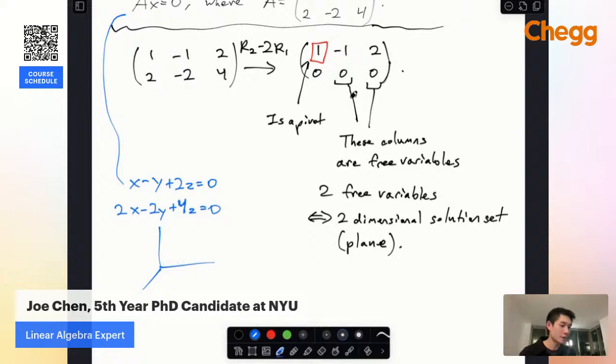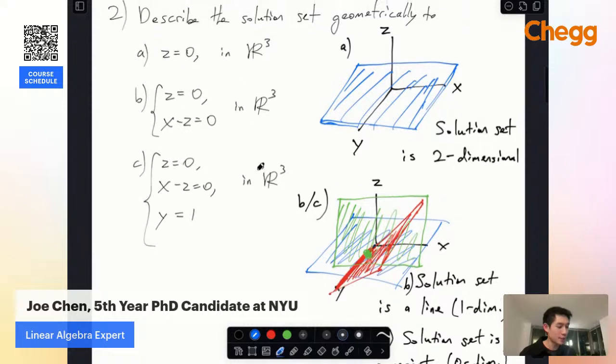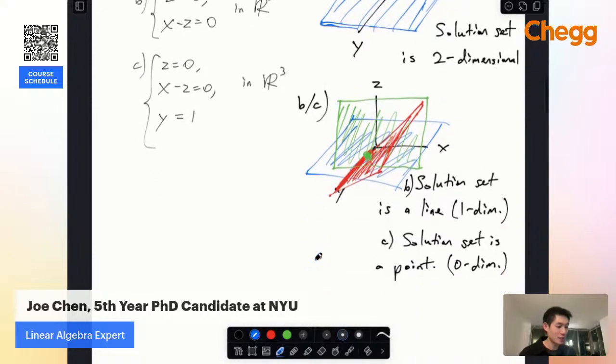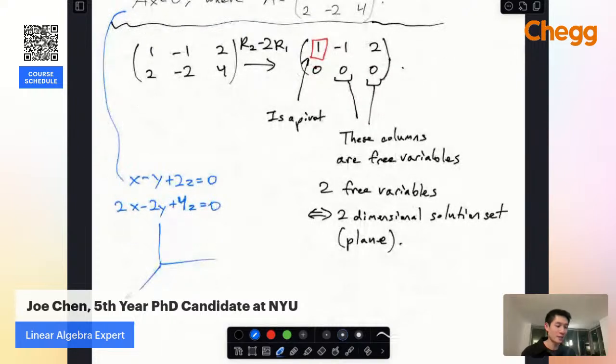Here you have something you can visualize by geometry. The solution set is not what you would expect it to be. You expect it to be a line because you have 2 equations, 2 constraints in R3, but you end up with a whole plane of solutions. So you can identify this unique behavior by counting the number of free variables.